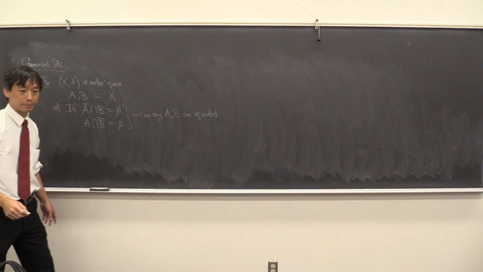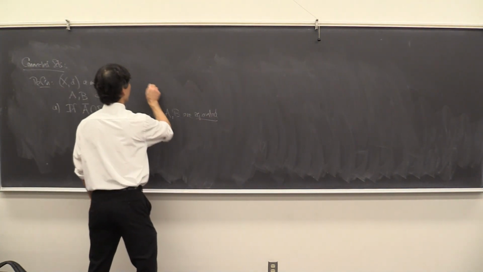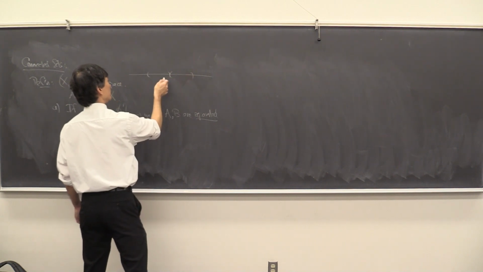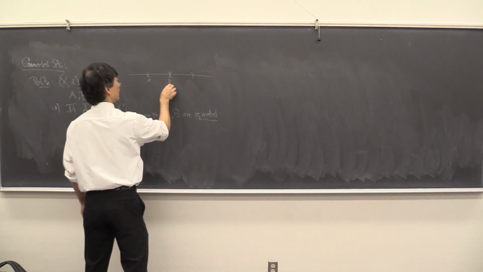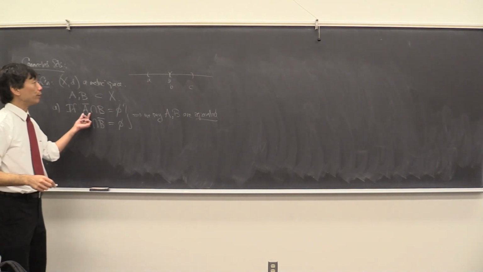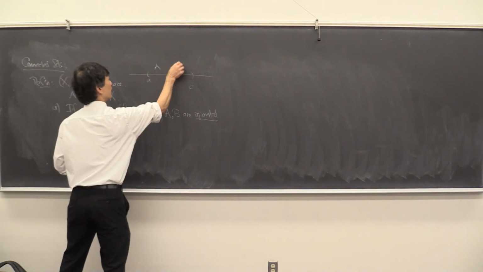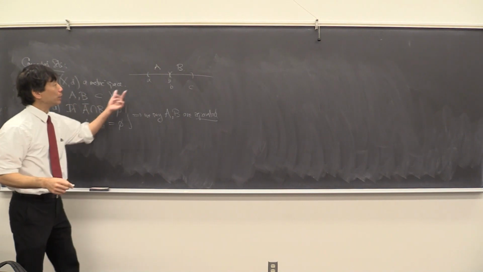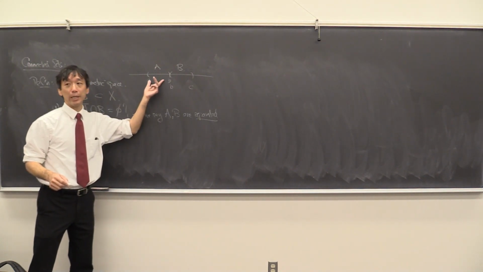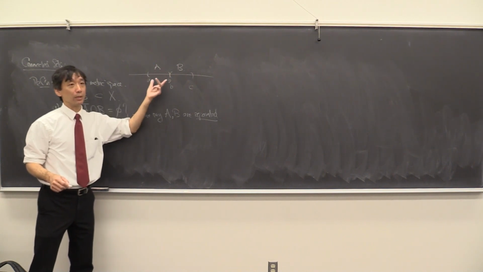Okay, so if you're in R1, for example, and you have these two intervals, (A, B) and then (B, C), then you see that the closure of my A doesn't intersect my B, and B closure doesn't intersect A, and these are separated sets.